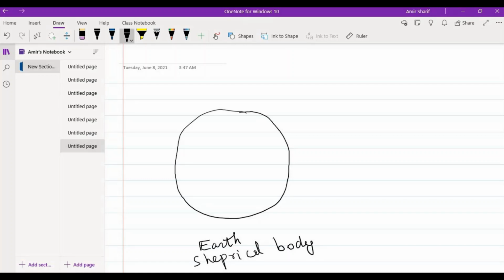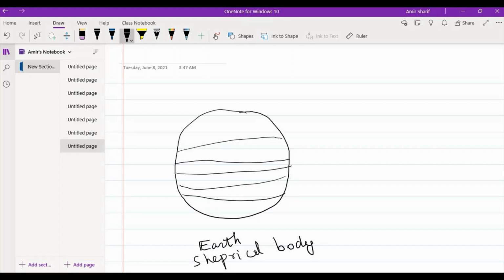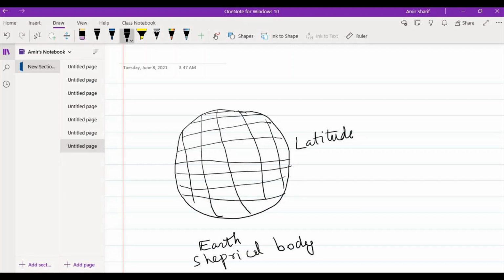It is represented by explicit parameterization, where we have some longitude and latitude lines. So we have latitude and we also have longitude here.